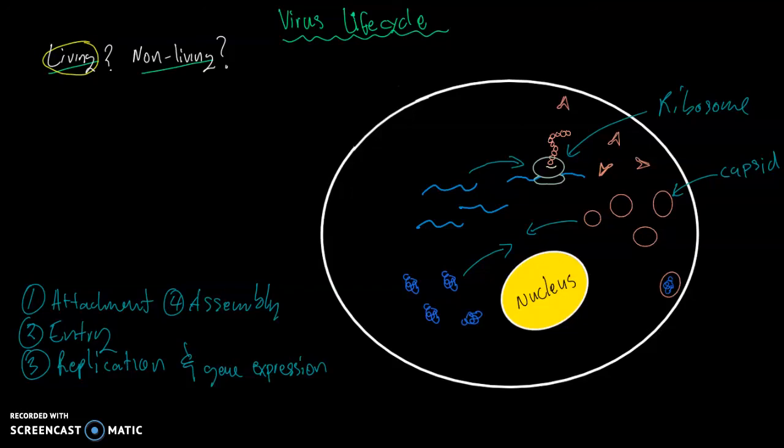And one of the things that can happen is the cell will lyse or burst, releasing the new viral particles. And another way that the new viruses can exit the host cell is through exocytosis. And here is what it looks like.